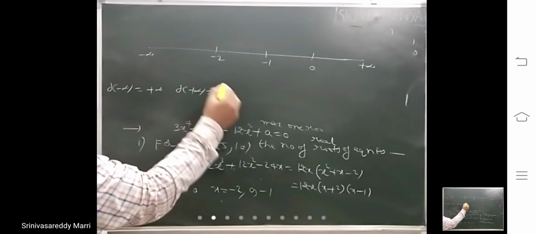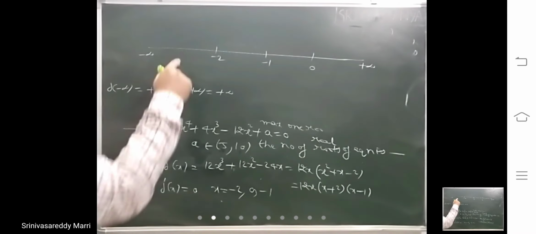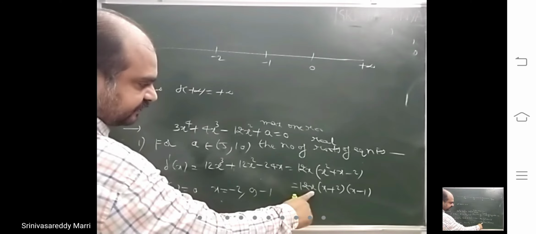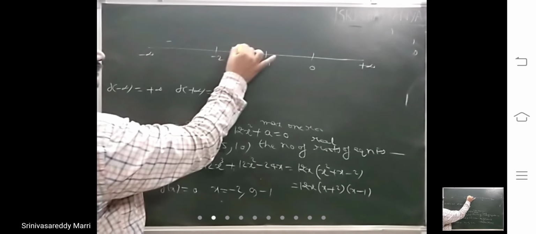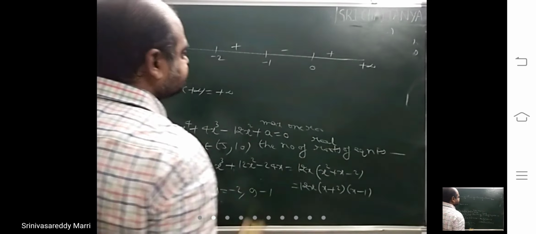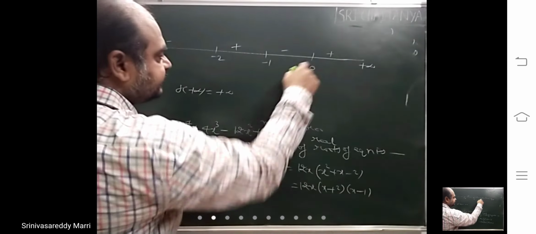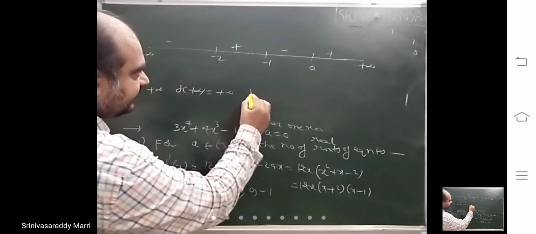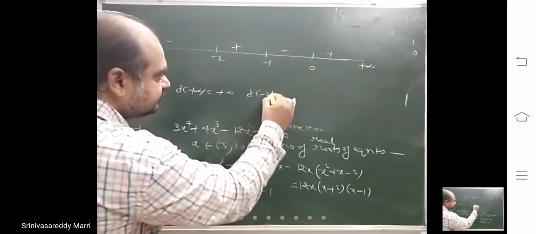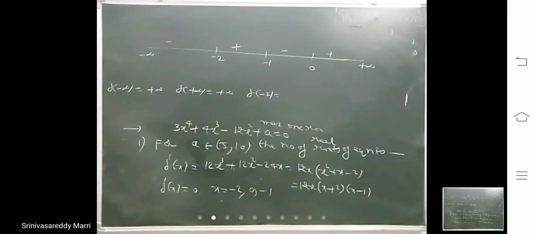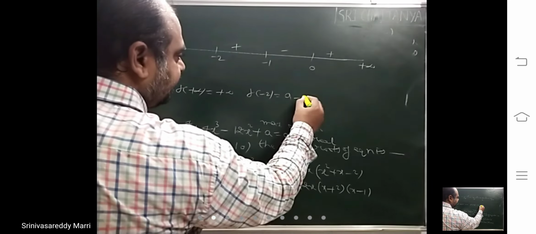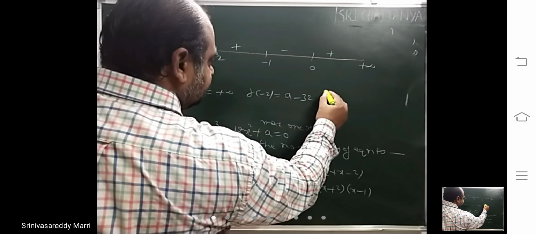Substituting values, derivative is negative, positive, negative, positive. Here decreasing, increasing, decreasing, increasing. I am calculating f of minus 2. I am getting a minus 32.